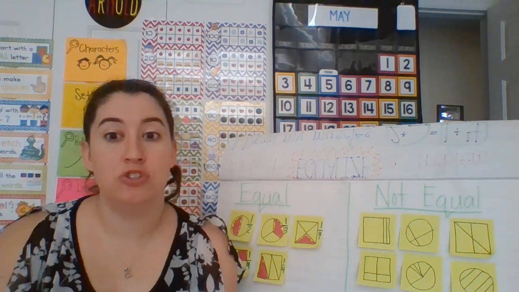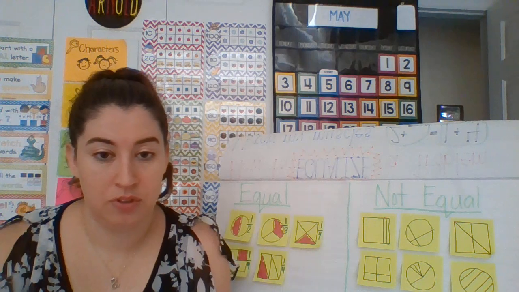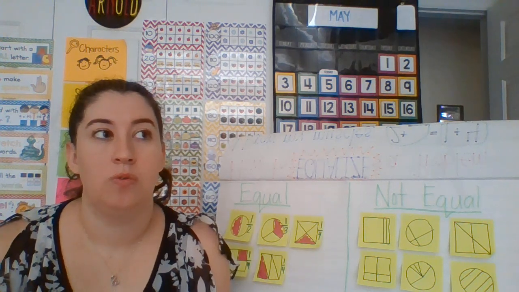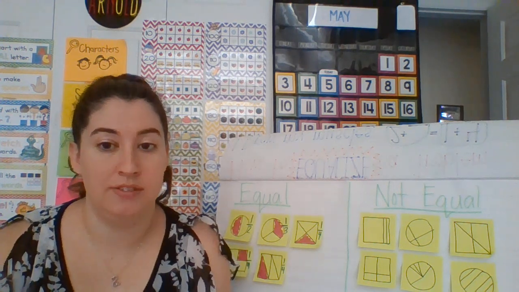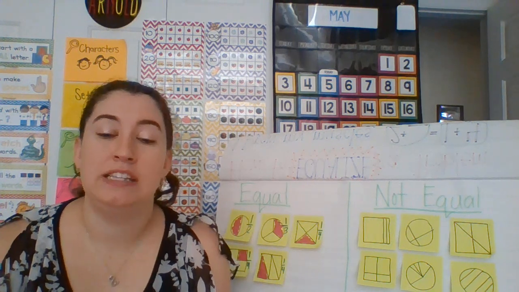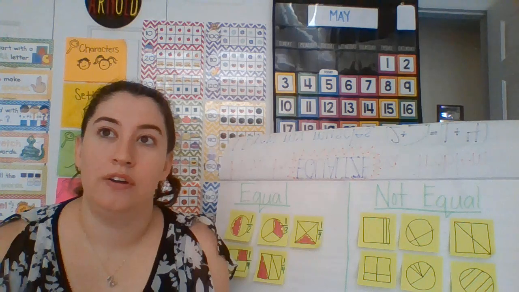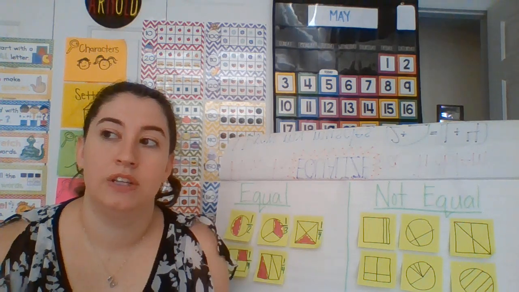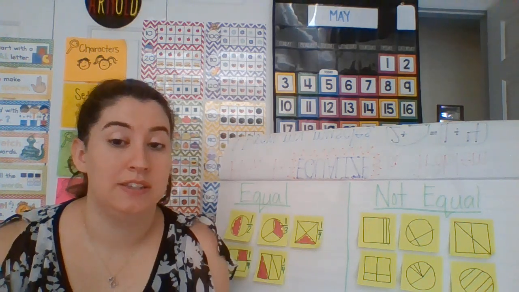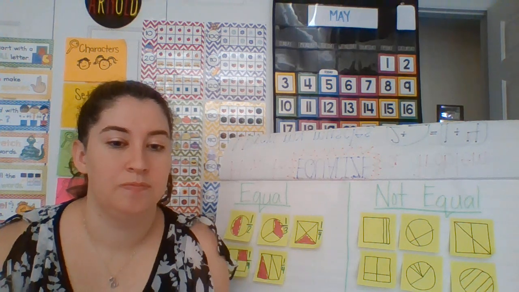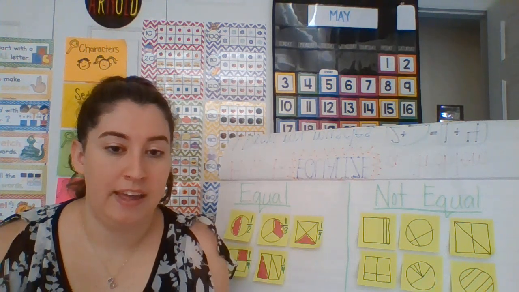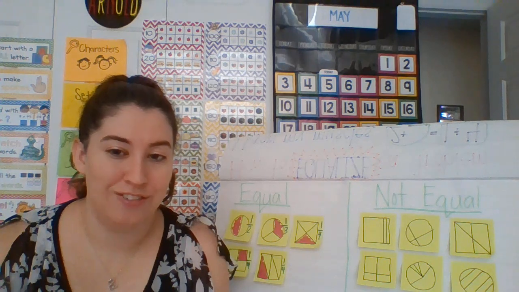So Madison wants to share a brownie with her friends, and she needs to cut her brownie into 4 pieces. Draw a picture of that and write the fraction that goes with it.